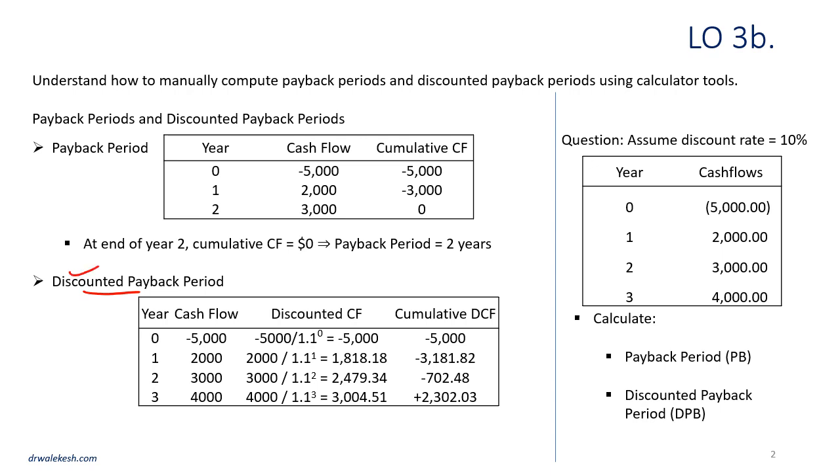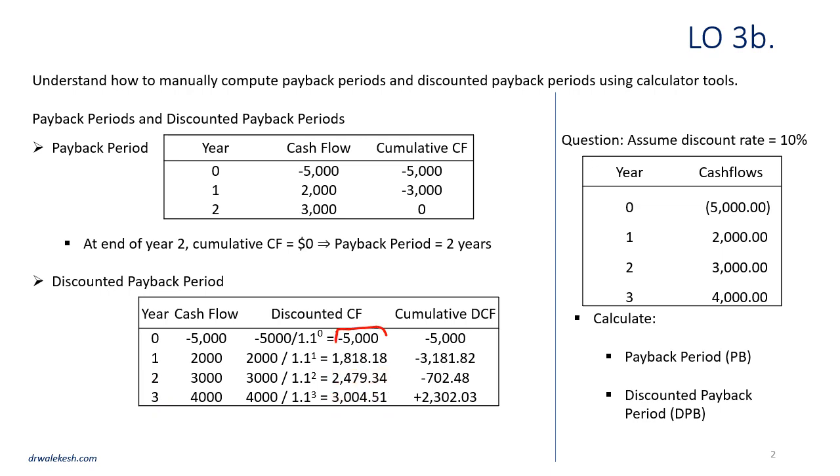So as far as discounted payback period is concerned, the 2,000 will be discounted back to today. Discounting it back to today will be 2,000 divided by 1 plus the discount rate, which is 0.1, raised to power 1, and you should have this. So you can discount the figures in year 2 and the figures in year 3.